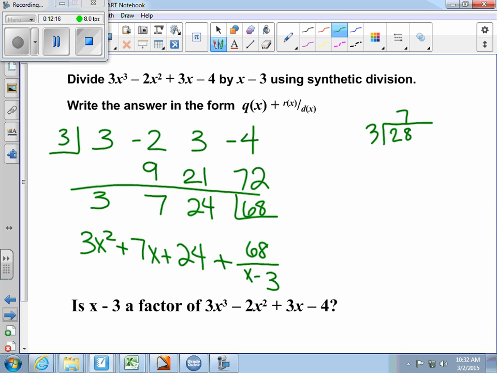What that is saying is that this equals the quotient plus the remainder over the divisor. Would you agree that 28 divided by 3 is 9 plus a third?